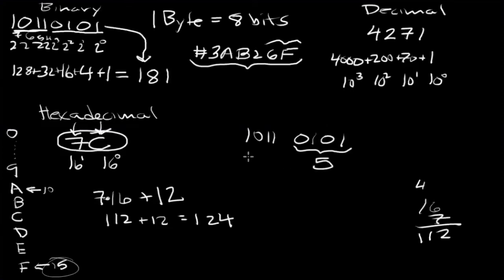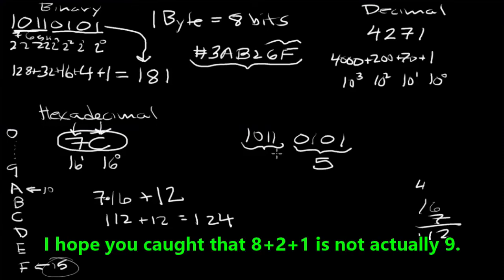Did I do that right? Okay. This one would be a 1, a 2, so that's 3, and then no 4s and an 8, so that would be 9. So this number up here is actually 95 when written in hexadecimal form.